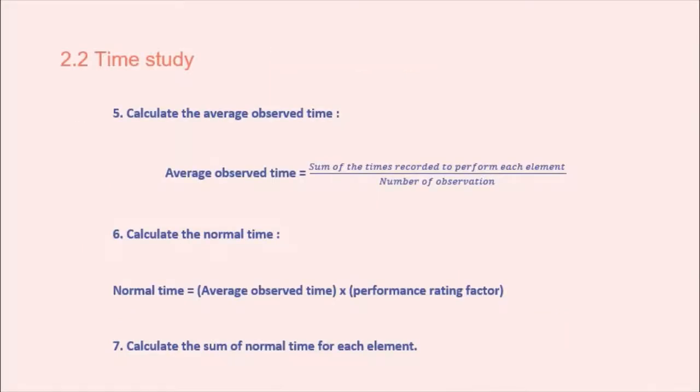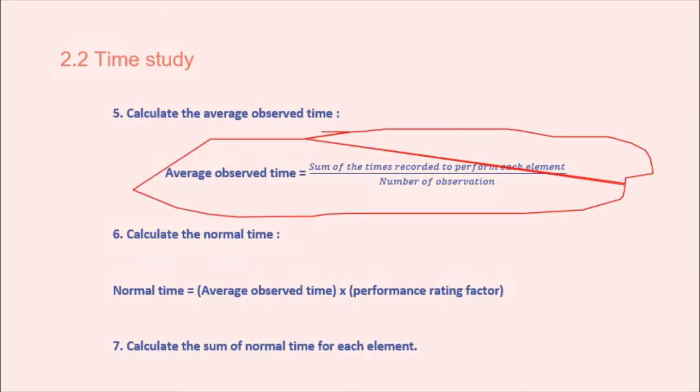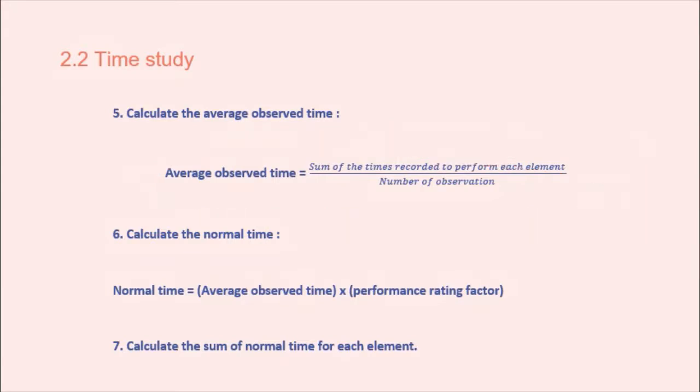Okay. Next, for the step in time study, we have to calculate the average observed time. This is the formula for average observed time, which is equal to the sum of the time recorded to perform each element divided by the number of observations.